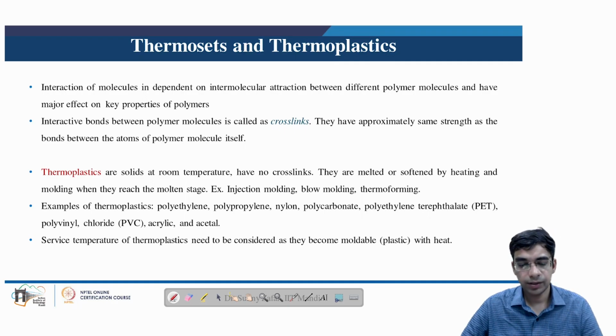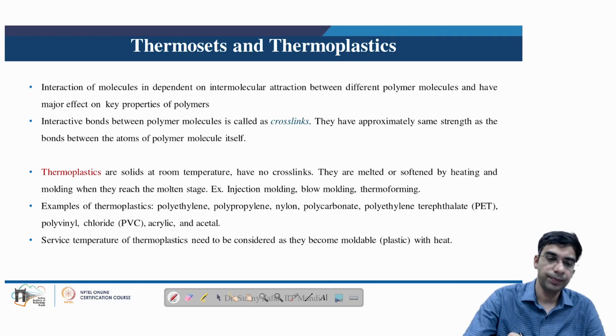Popular thermoplastics include polyethylene, polypropylene, nylon, polycarbonate, polyethylene terephthalate, polyvinyl chloride, acrylic, and acetal. The service temperature of thermoplastics needs to be considered because they become moldable, or we can say plastic, with increased temperature, because the absence of crosslinks allows them to be remolded upon reapplication of heat and pressure.